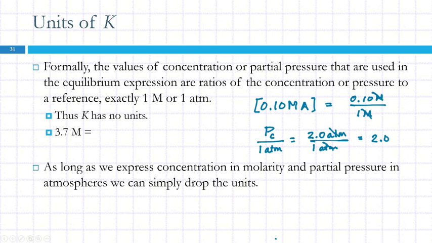For those of you that don't care about that, as long as we just use molarity for the concentrations and atmospheres for the partial pressures, we're just not doing units on equilibrium constant expressions. Because they end up being totally meaningless anyway. It has to do with the number of products and reactants and what their coefficients are raised to, and you've just got molarities to some power. And so it doesn't mean anything anyway. Any questions?